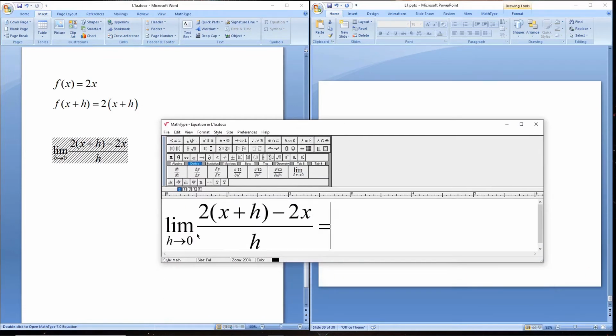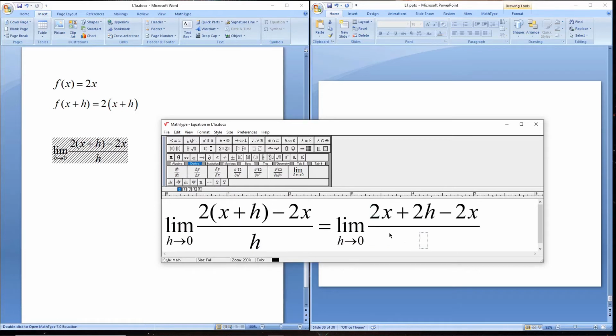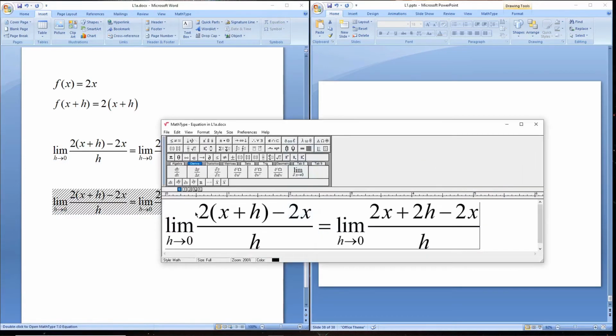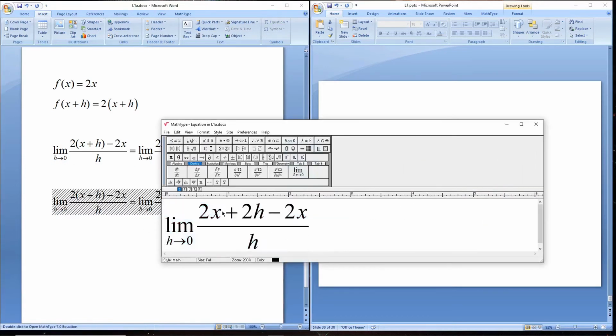And what is that? Well, we can just do what we can. So we'll distribute stuff in the numerator and gather like terms. So just distributing there in the numerator. And then the 2x's will subtract out.